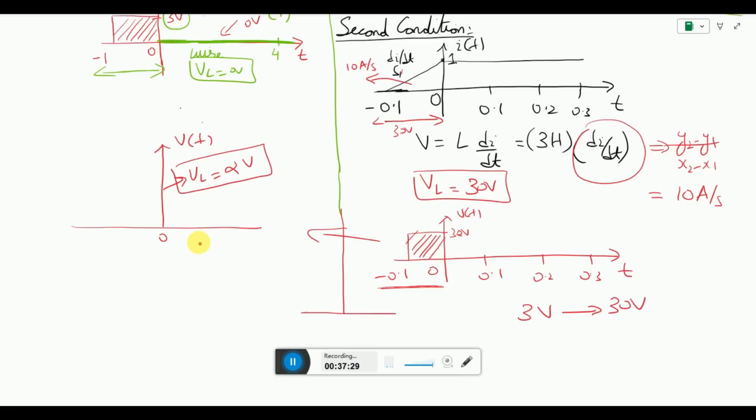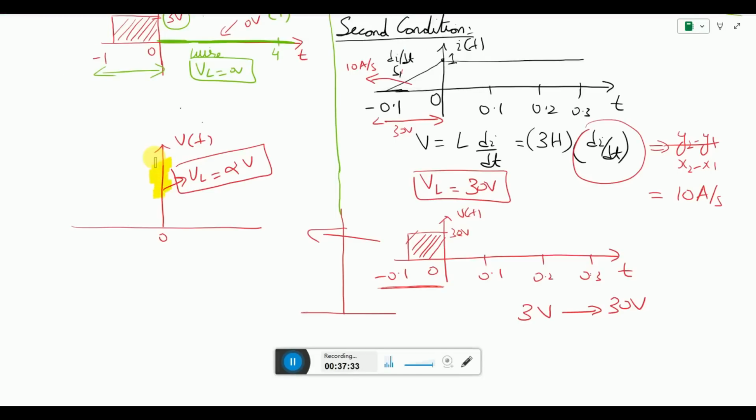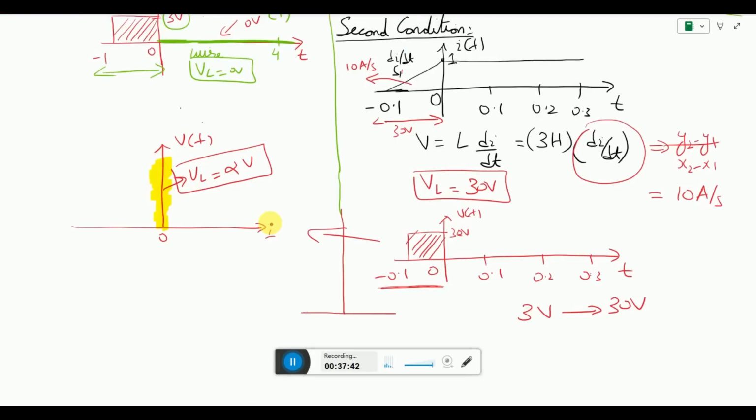Hence we need to remember that the current shouldn't be drastically changed, because we are going to have an infinite voltage against the current that was drastically changed. So this is the second condition, which is the avoidance of sudden change of current, and the example shows this extremely well. Hope these two conditions are clear for you.